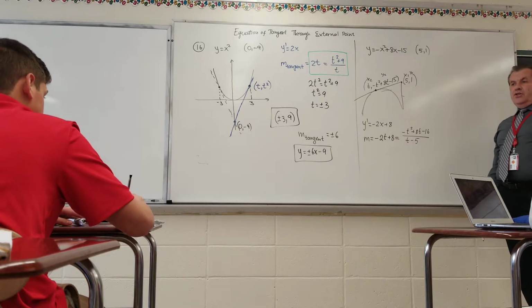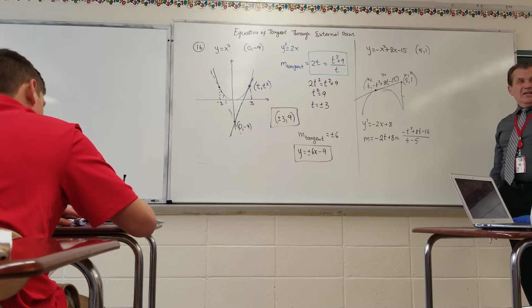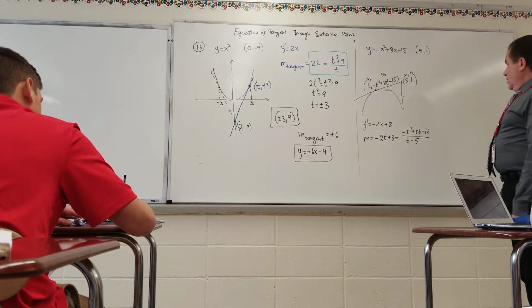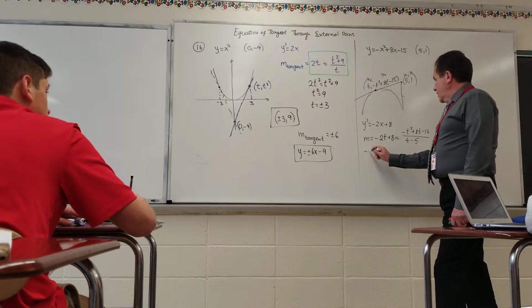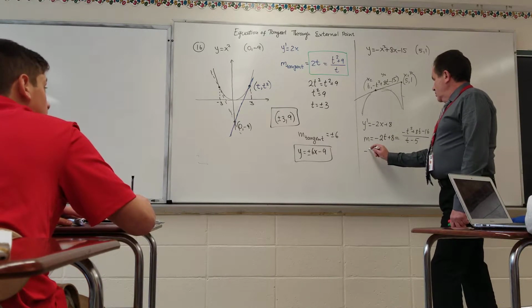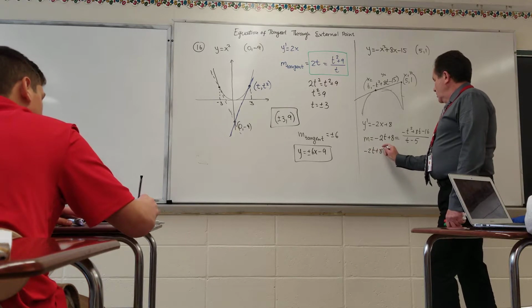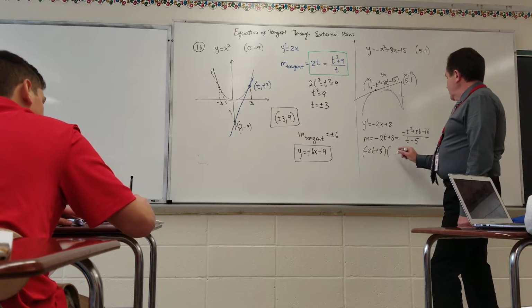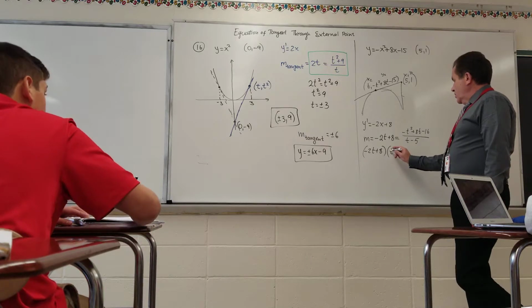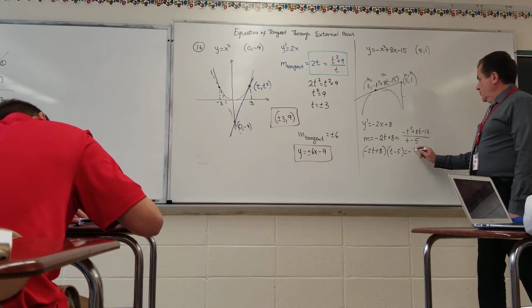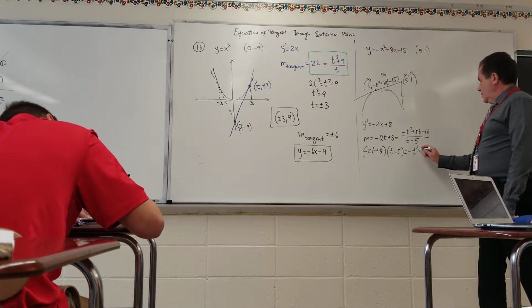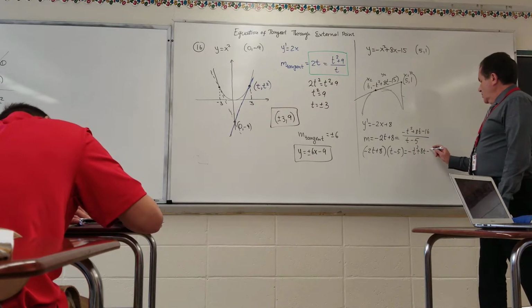In this case, you get a little bit more complicated equation, which I hope you can handle. So we get negative 2t plus 8 multiplied by, everybody understand what equation I'm talking about, right here, equals negative t squared plus 8t minus 16.